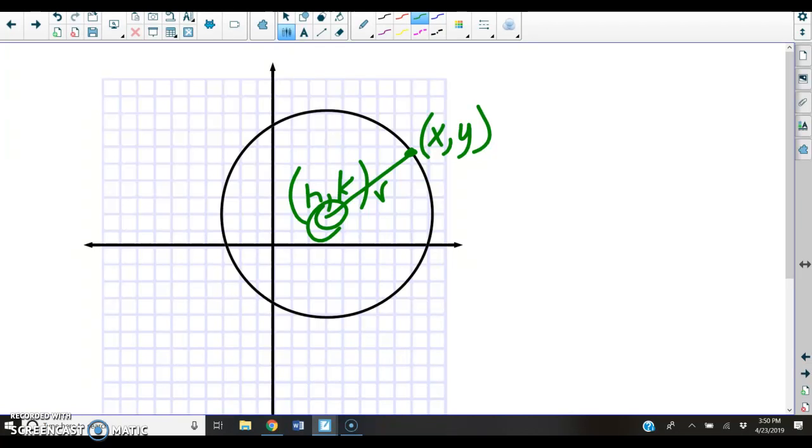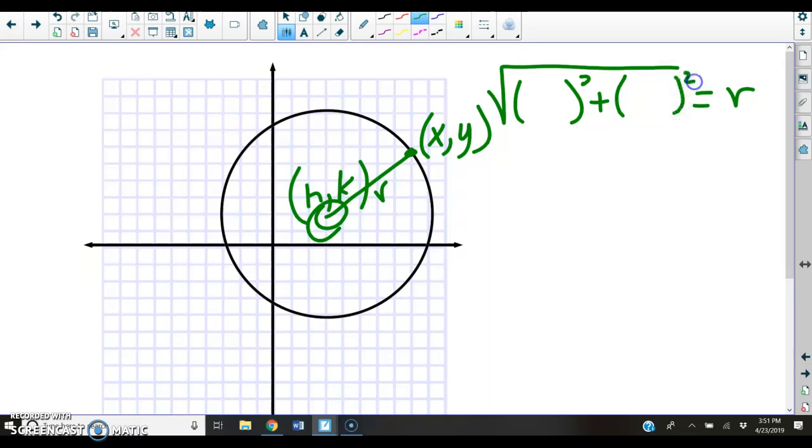And the way that equation, the standard form of an equation of a circle, is given, the distances are equal. Well, the one distance is just the radius. You know your distance formula: the difference of the x's squared plus the difference of the y's squared. Well, my x's are x and h.